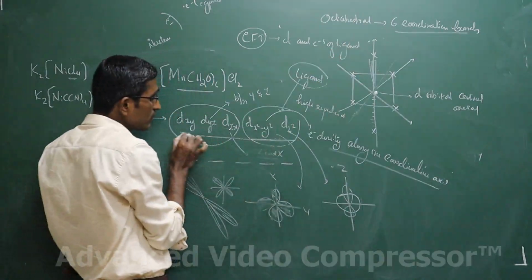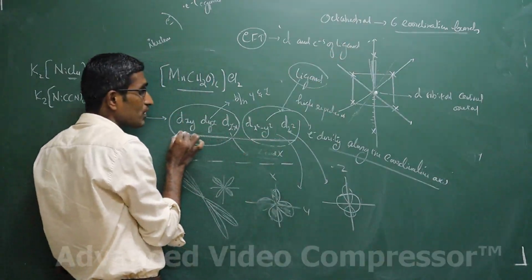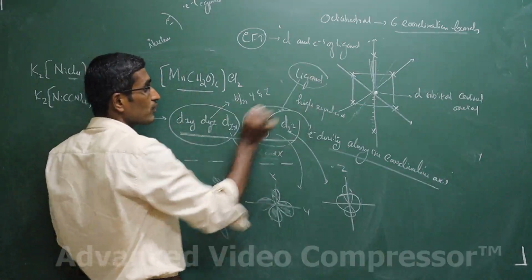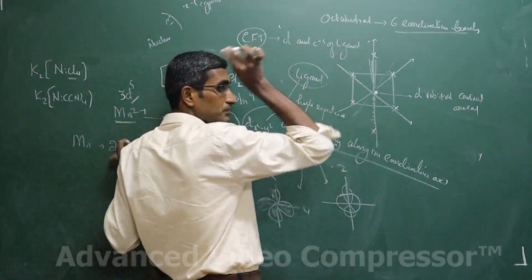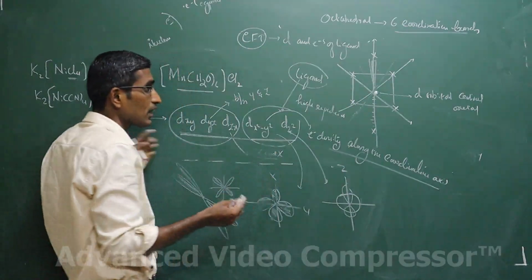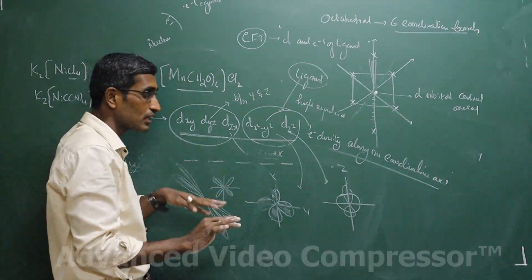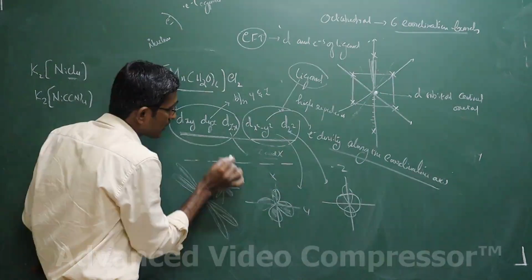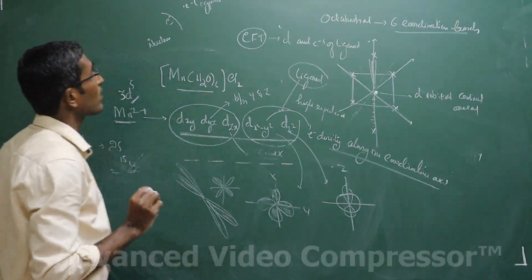Whereas these 3 orbitals will have a lesser repulsion from the ligand field because they are away from it. Since they are away from the ligand field, the electron-electron repulsion decreases, which means their energy will come down.